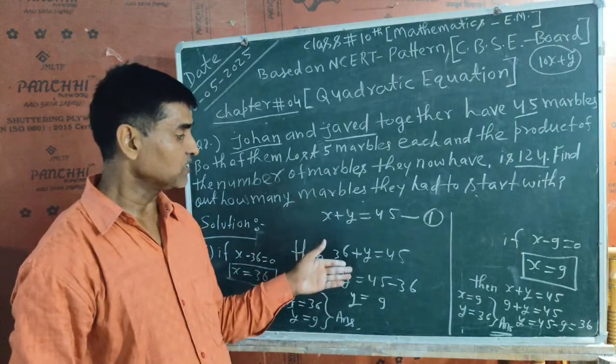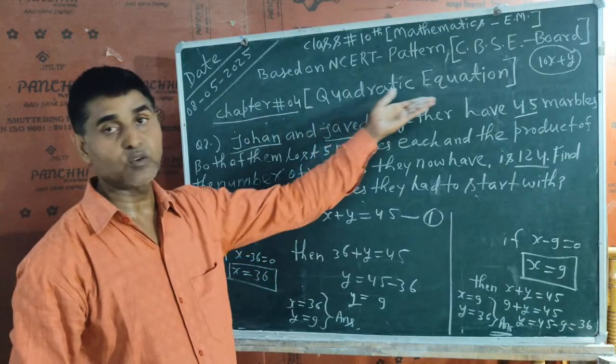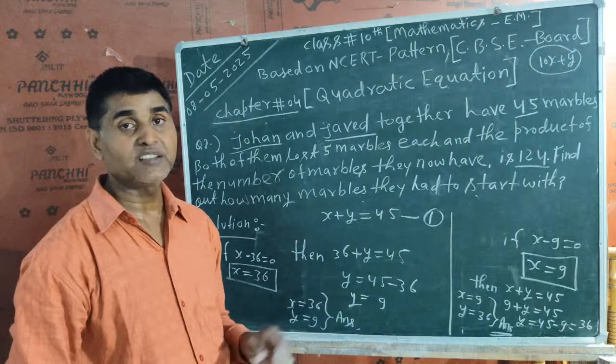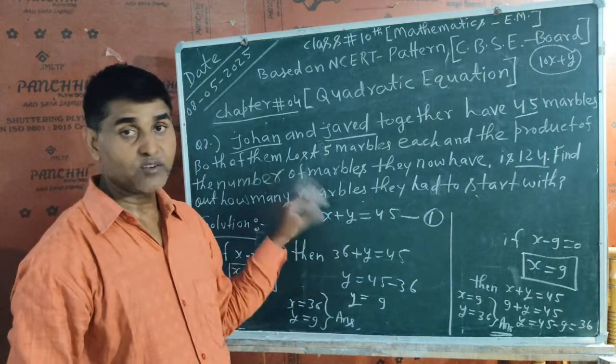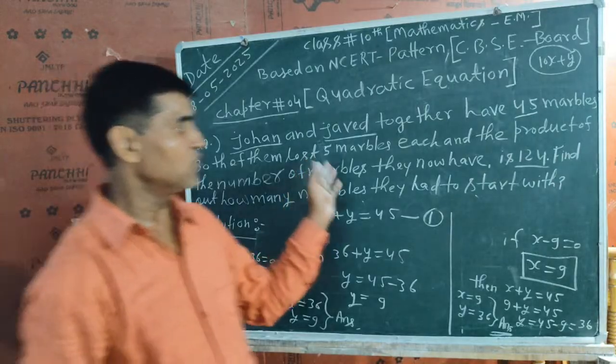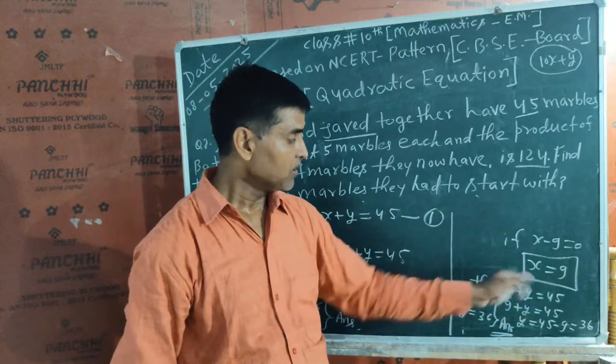After making the equation you have to simplify, and then after simplification you will get the quadratic equation. With the concept of quadratic equation you will get the roots of that quadratic equation.